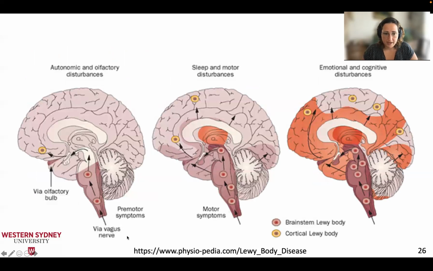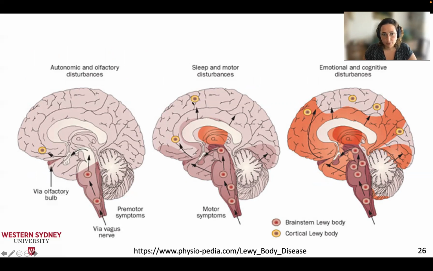So for the Lewy bodies, we have here three different diagrams of the progression. In the first stages, we've got autonomic and olfactory disturbances. So smelling might be disturbed, they might lose it, they might have odd smelling sensations. You get brainstem Lewy body buildup where the proteins are in the brainstem, and that's when these start to happen.